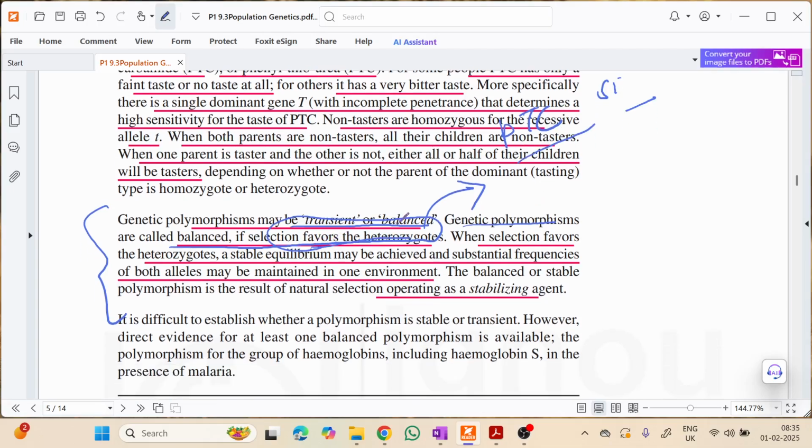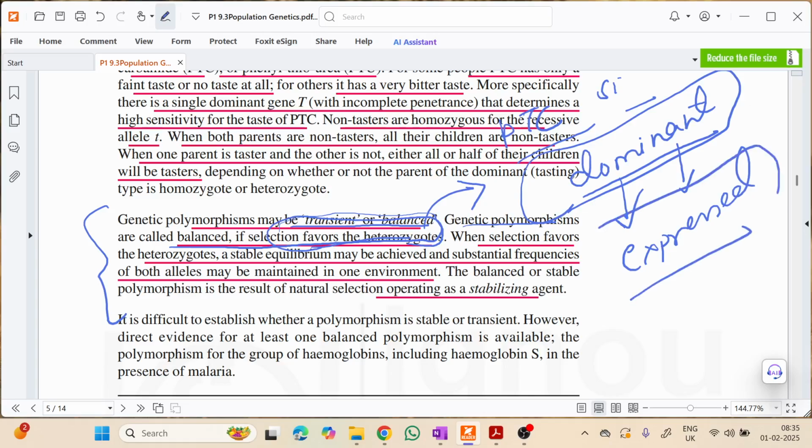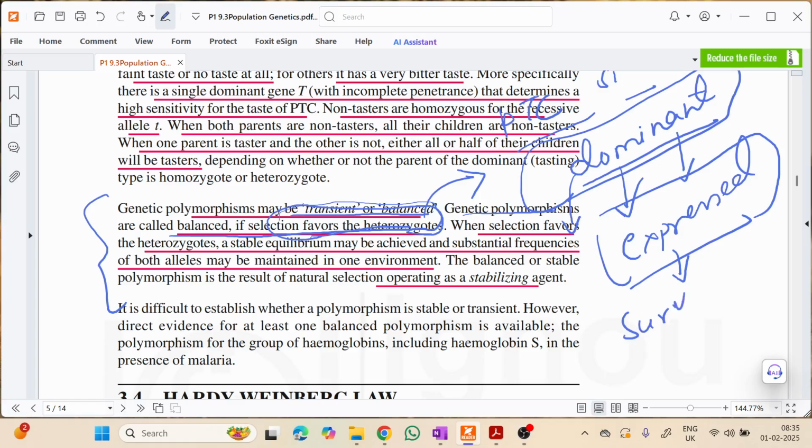In all such cases or many such instances, heterozygotes are favored, or natural selection favors heterozygosity, because heterozygosity is the condition of presence of at least one dominant trait, and according to the nature of genetic inheritance that dominant trait will be expressed. And since that trait is called dominant because of its survivability, the expression of which ultimately leads to survival of the offspring or the individual and ultimately the whole population.